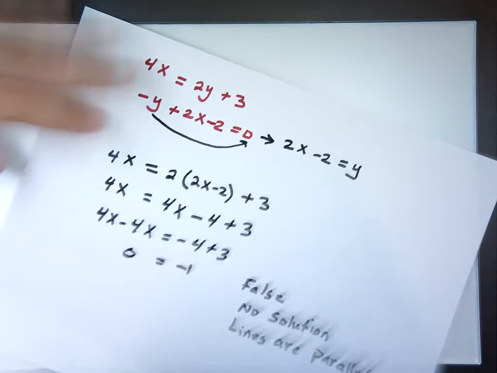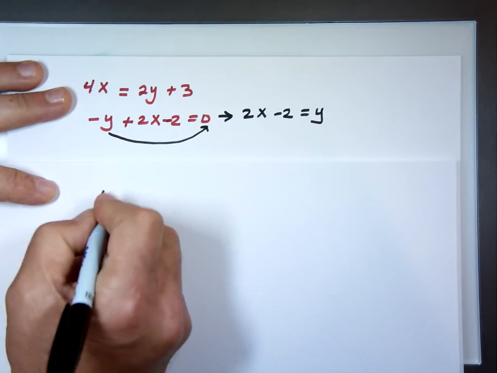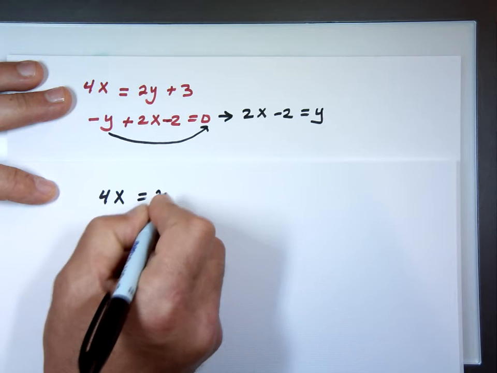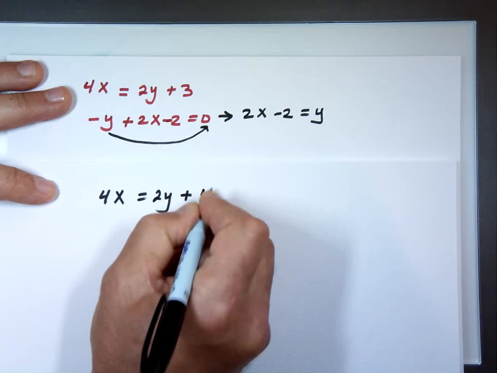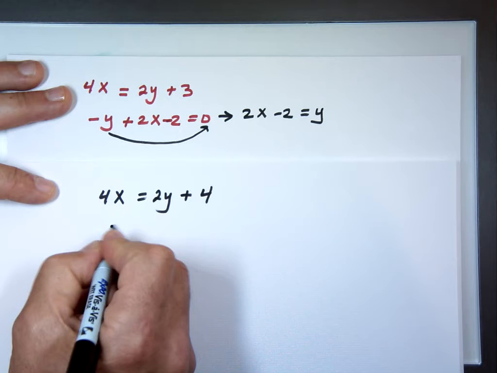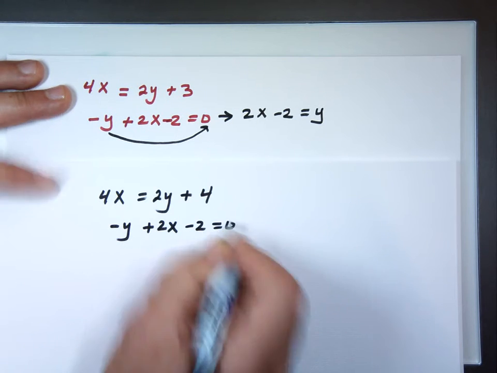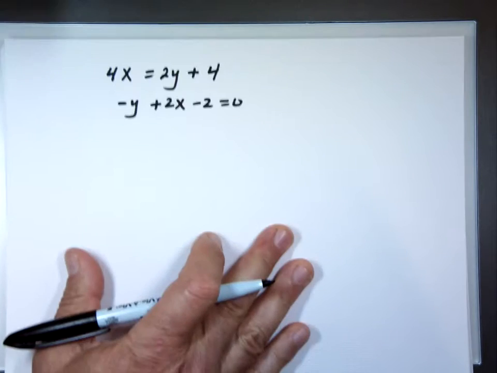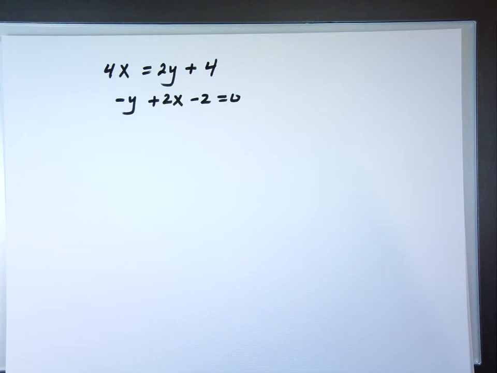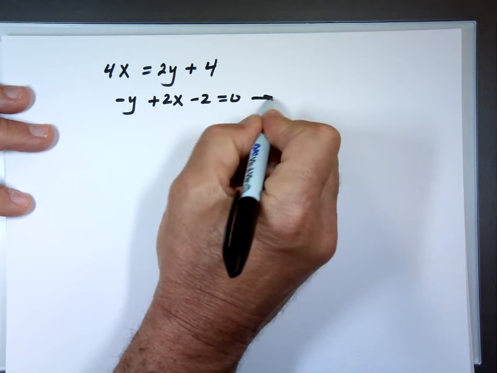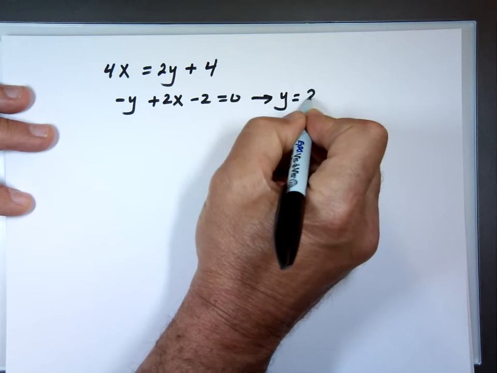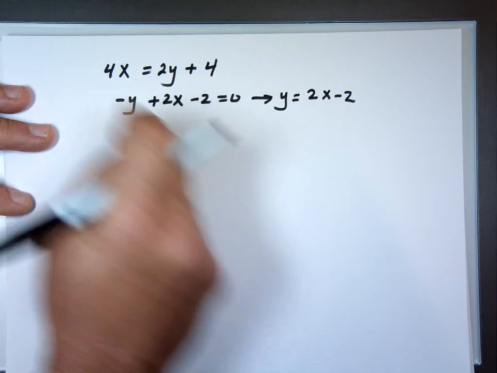So, for example, if I make this one 4x equals 2y plus 4 instead of 3, and I said, let's change that problem to this. Solve for y here. y equals what? 2x minus 2. I took the minus y there, made it plus y.